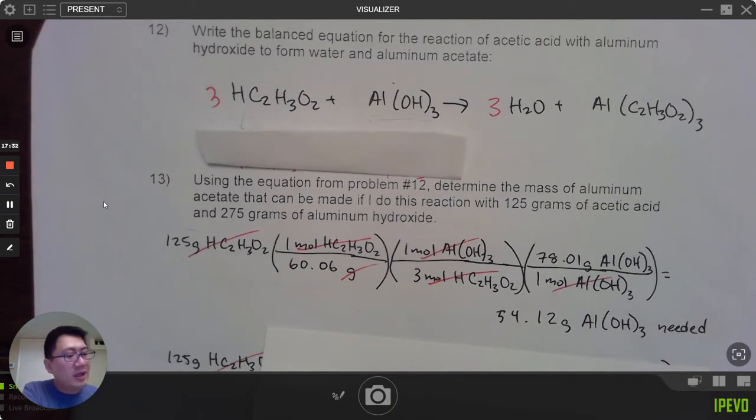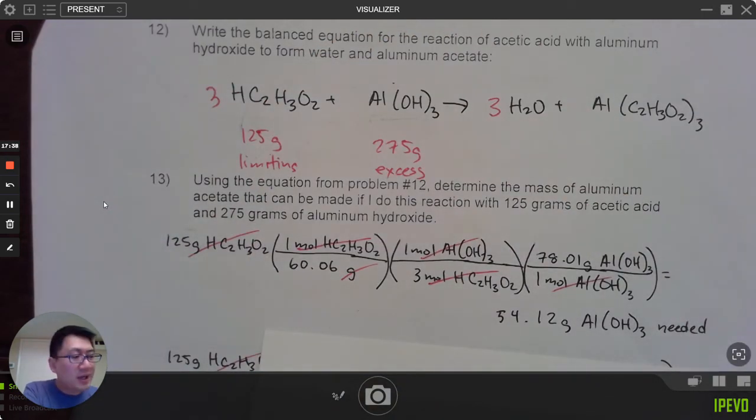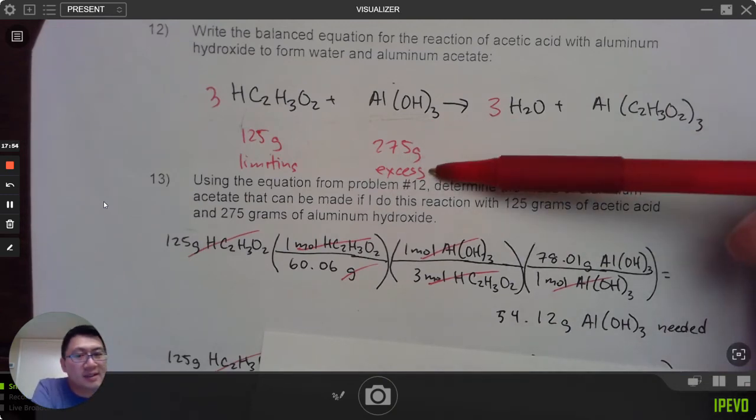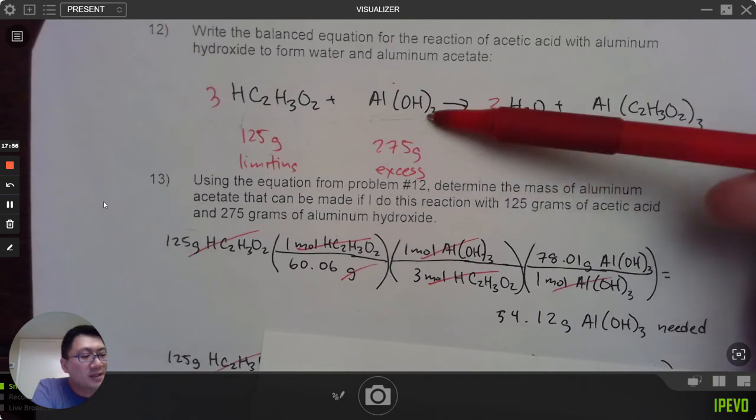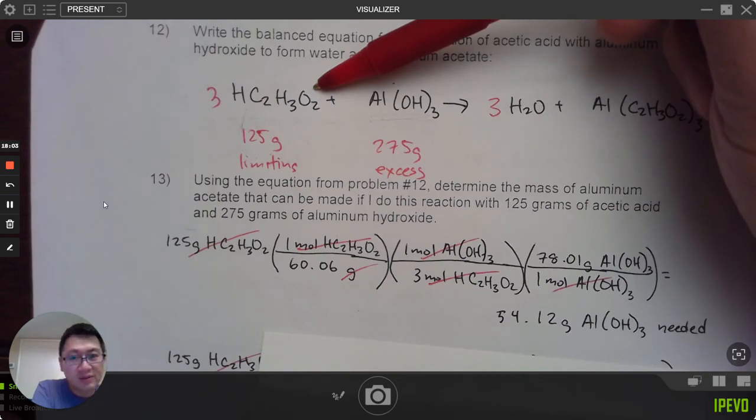Aluminum hydroxide is my excess reagent because I only need 54 and you have 275. If I had $275 in my wallet and wanted to buy something that costs $54, I have excess money. So aluminum hydroxide is in excess, which means the acetic acid is my limiting reagent.